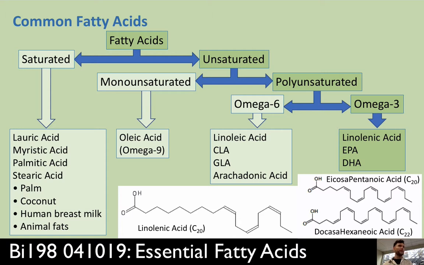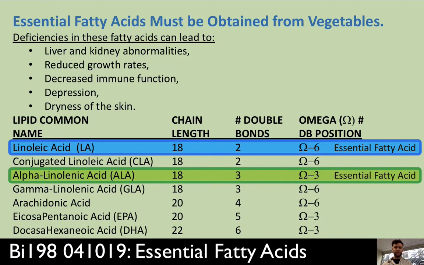Icosapentaenoic acid, EPA, icos is a prefix referencing fish. So it's found in fish oil. EPA is highly concentrated. It's like the good fish oil that people who eat cod liver oil get. I don't know if anyone here does. But it's good for you. And then there's the DHA.